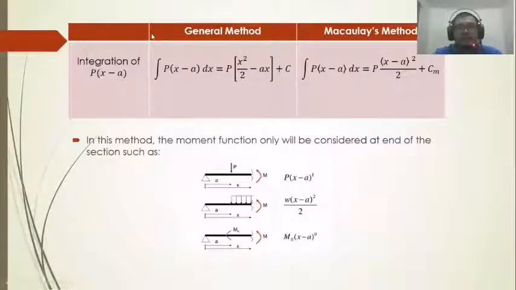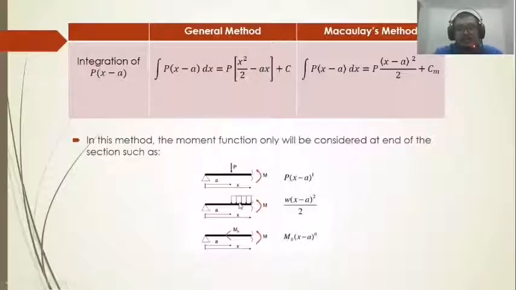There are two products of the integration of P bracket of x minus a, whereby one is the general method and one is for Macaulay's method. So in Macaulay's method, the moment function will only be considered at the end of the section, such as for a concentrated load on a pin connected beam. The expression can be given as P times x minus a to the power of 1.